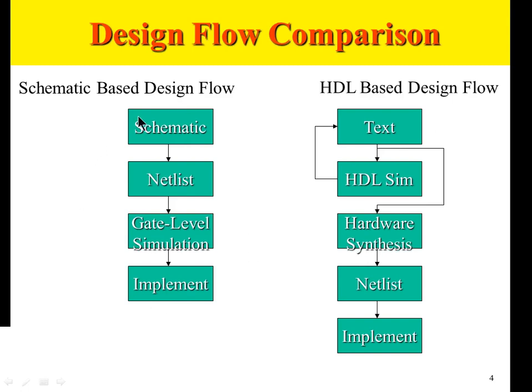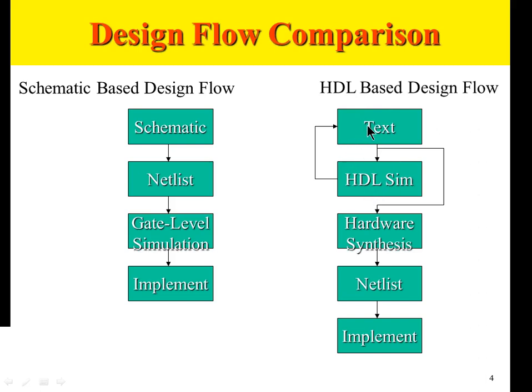With the schematic based flow, this was the flow. You draw or make a schematic. A netlist is created out of it. You can do a gate level, netlist level simulation and then implement. With the HDL based flow, you write Verilog code for your design. Your design specification is translated into Verilog. You write a test bench and perform simulation. As long as the design is not correct, we'll keep doing it.